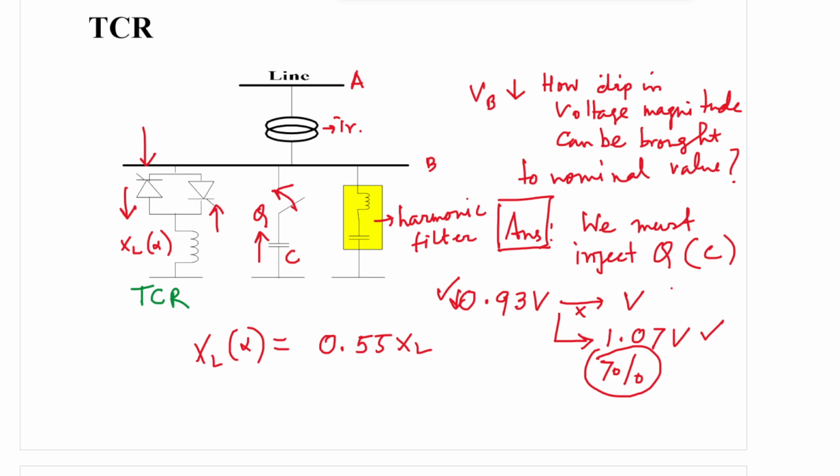By controlling these thyristors, it will offer some fraction of XL, just like the TCSC. It will offer a fraction of XL, only 50% or 70% or 40%, whatever it may be, and accordingly the reactive power from the system will be absorbed. That is the solution.